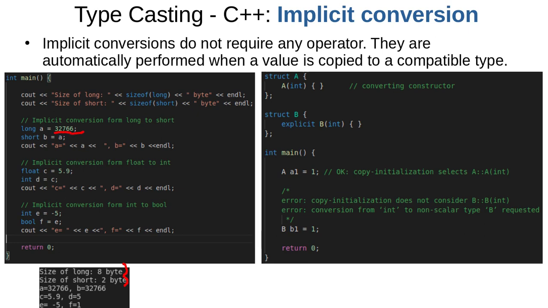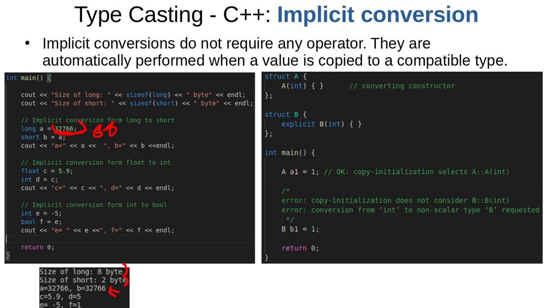So both a and b now have the same value, and you have to be careful when implicit conversion is done, because if you try to increase this value, for example, if you put 68 instead of 66, you will see a different value for b, because in that case you exceed the limit of the 2 bytes.